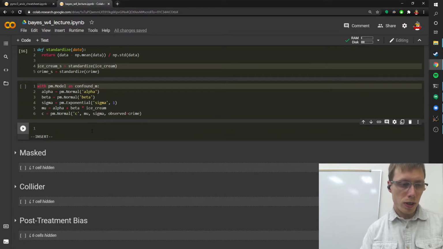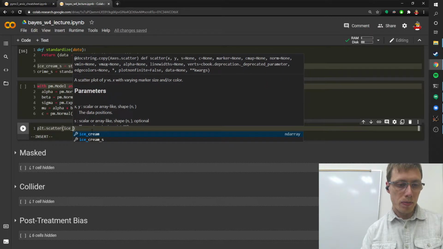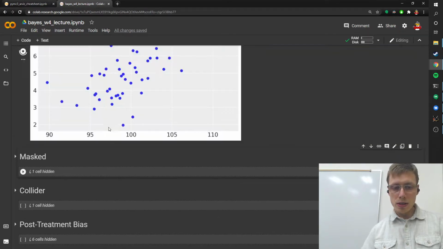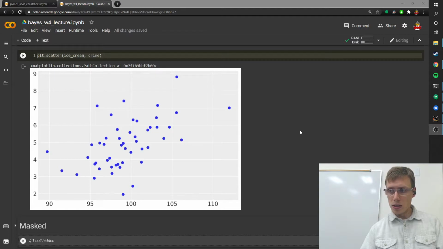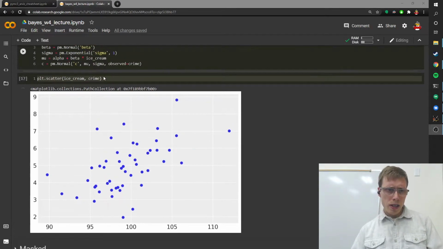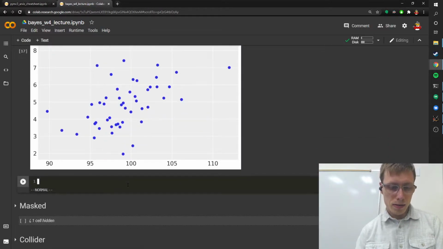So if we first plot the scatter plot of ice cream versus crime, we should see that, fair enough, it does look like a pretty positive relationship between the two, as promised. Now if we do the same plot, but for the standardized data, what's it going to look like?